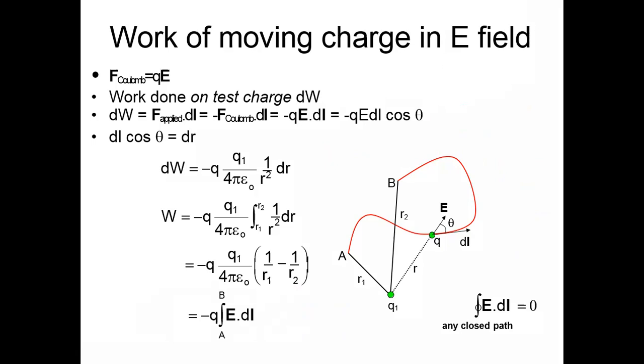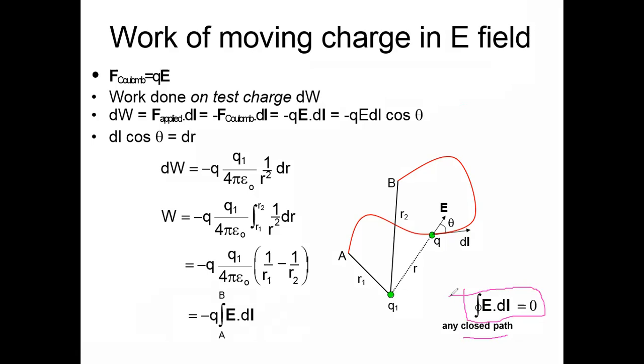Now, the one important result you should remember: the work done by a static electric field over a closed path is always zero. Very, very important. Remember, static, not time varying, because for time varying it is not zero; I will cover that in the upcoming lectures.